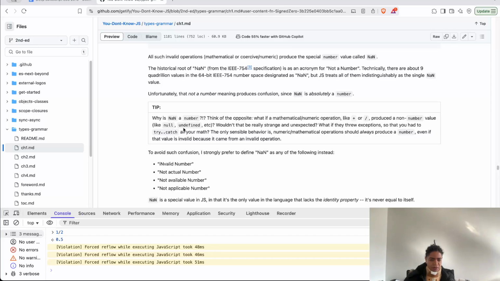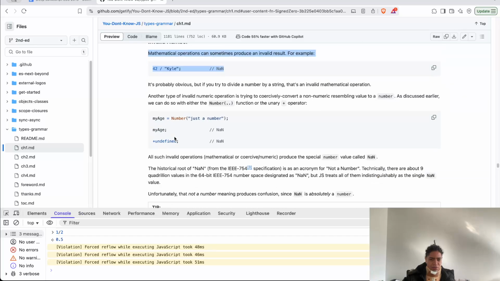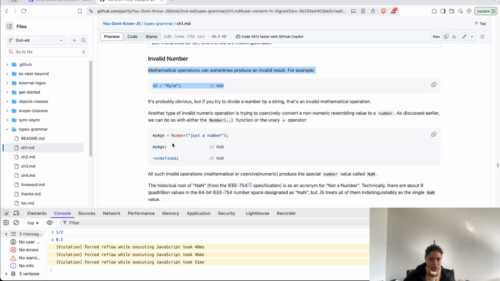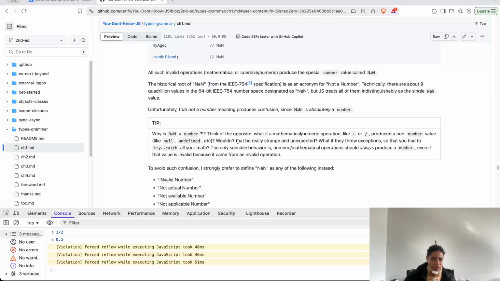Invalid number is a way to represent that a mathematical operation produces an invalid number. What if a numeric mathematical operation like this produced a non-number value, like null or undefined, etc.? Wouldn't that be really strange and unexpected?